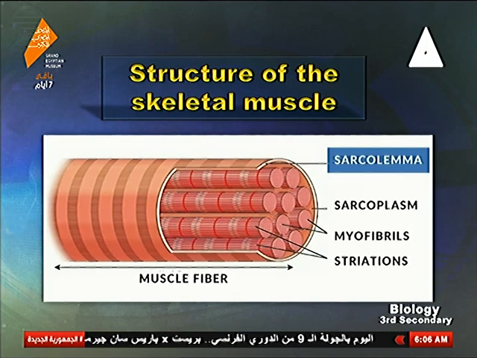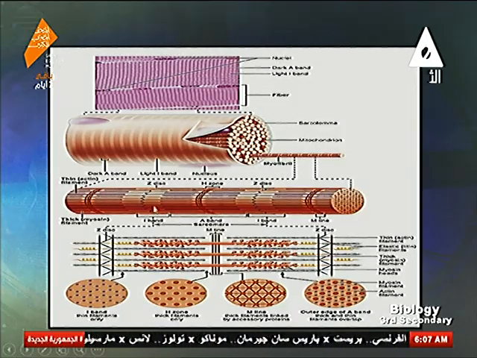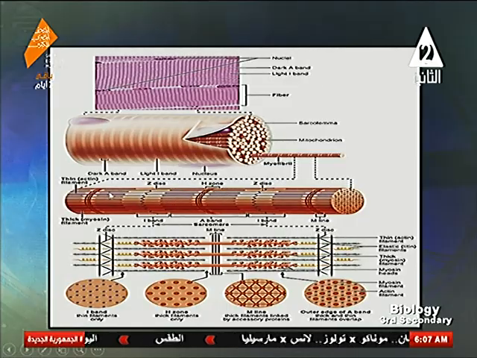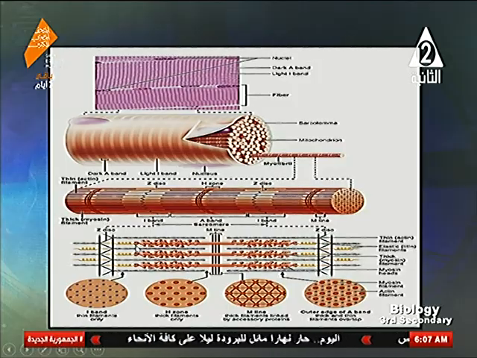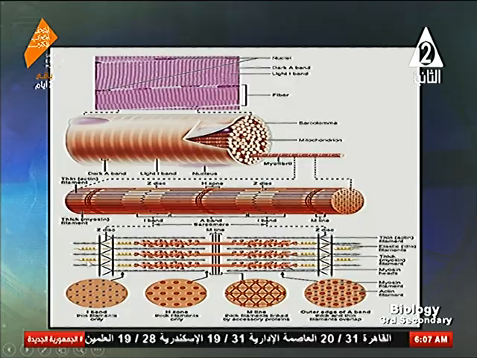So each myofibril consists of a group of light discs denoted by the I band, symbolized by I, this one, which is composed of thin protein filaments called actin, bisected by the Z line.